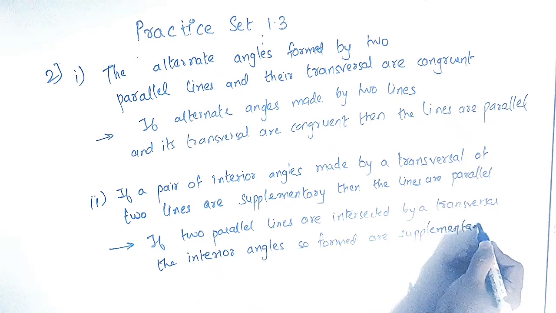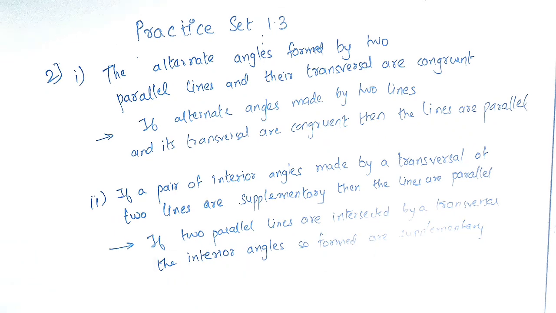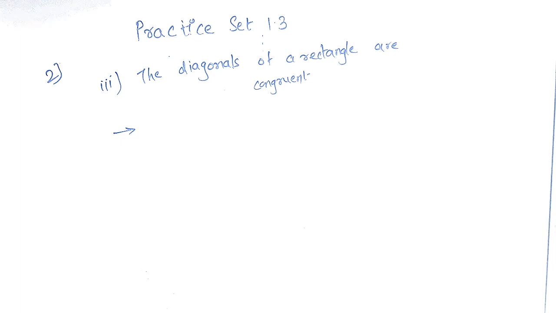Then let us move on to the third one. The third one says that the diagonals of a rectangle are congruent.